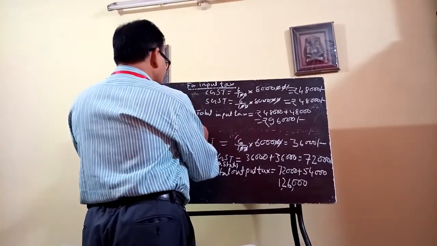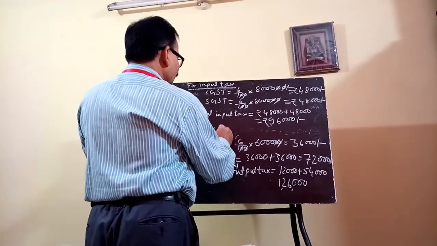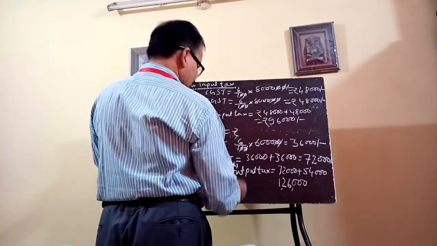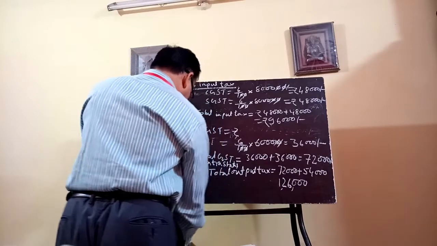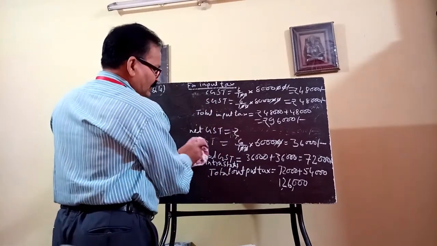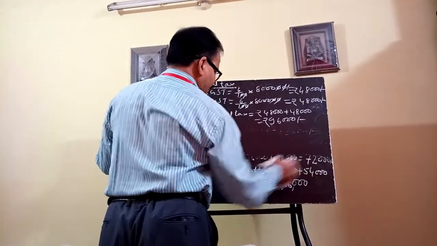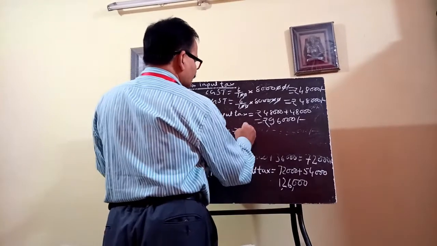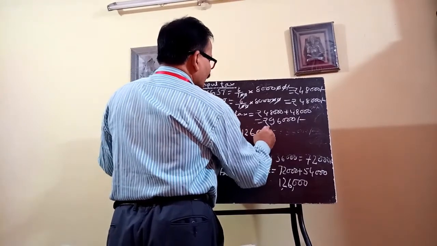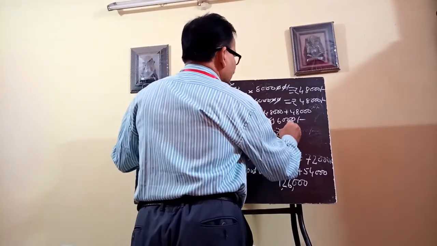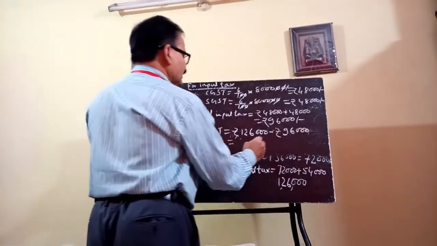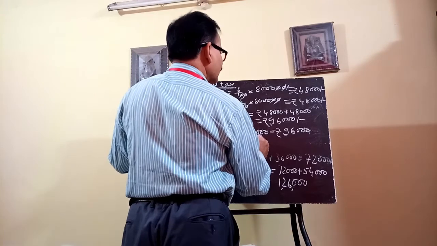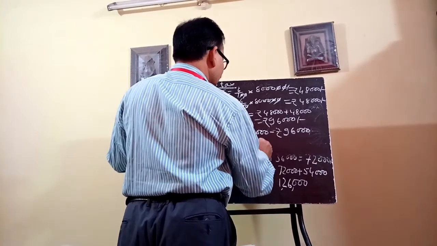So net GST will be the difference, because this much of money he has received. So the difference is to be paid. Okay, so rupees 1,26,000 minus rupees 96,000. So the value will be 30,000.